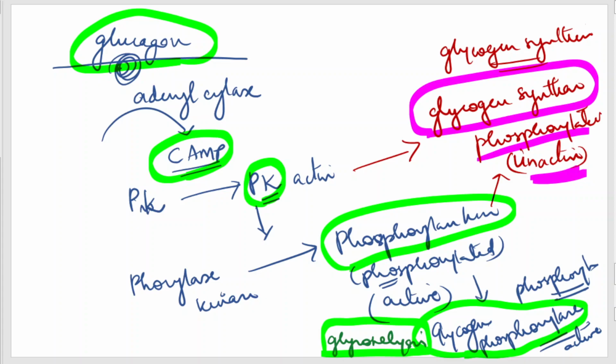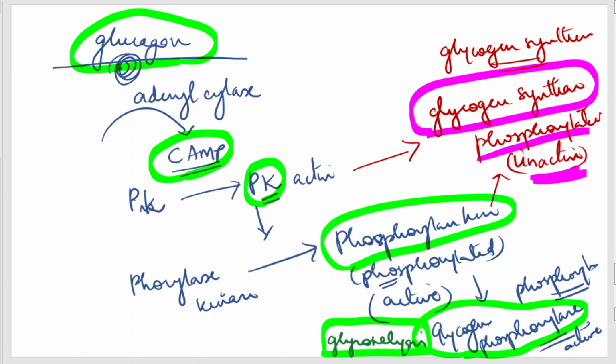It is regulated in this manner. You have to know about this regulation. If you know what insulin does, what glucagon does, and whether the enzymes are active in the phosphorylated or dephosphorylated state, then it will be easy for you.